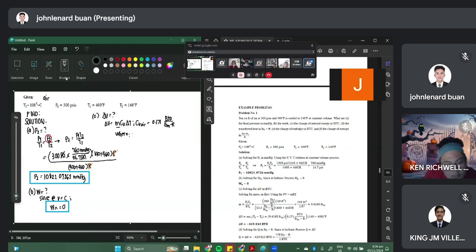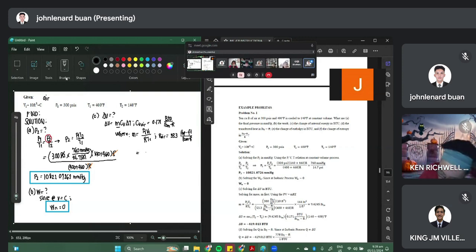So from there, m is equal to P1 times V1 all over R of air times T1, where R of air, recalling the constant value of the gas constant of air, is 53.3 pound force feet over pound mass Rankine. Nagkakaintindihan po.